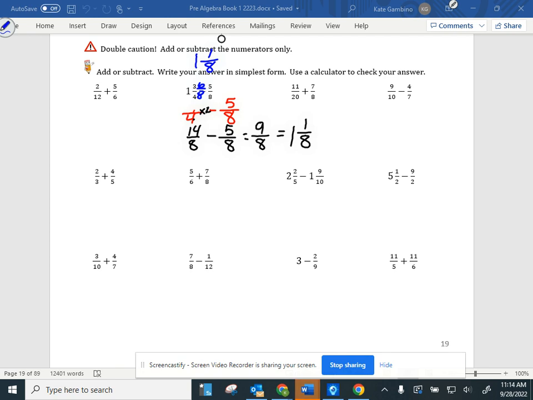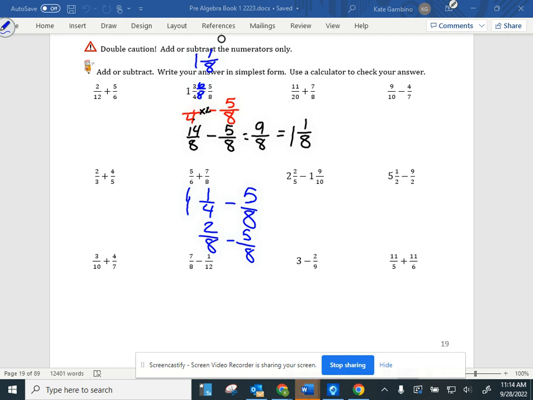The problem that comes in is sometimes that first fraction isn't big enough, and so we have to take from the whole number and add it onto the fraction. So it doesn't always work. There would be times like if it was 1 and 1/4 minus 5 eighths, you couldn't just say 1 minus nothing and then 2 eighths minus 5 eighths. You would have to borrow from that whole number. So there are times that way doesn't work.